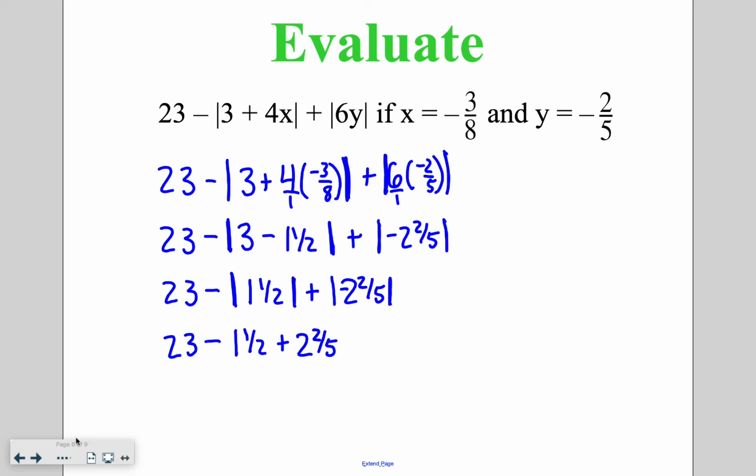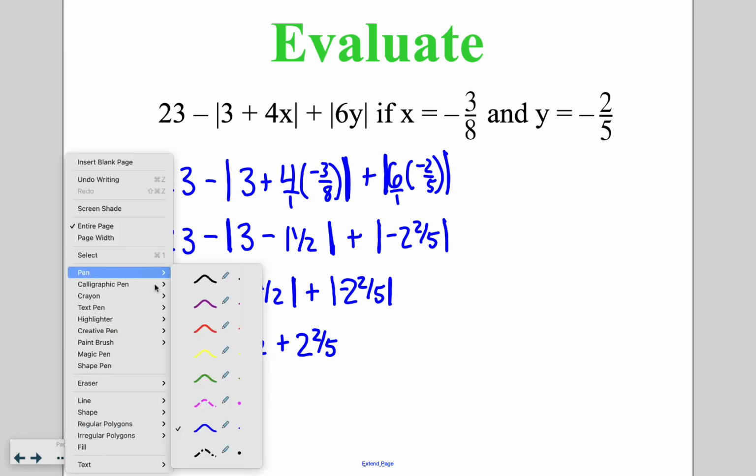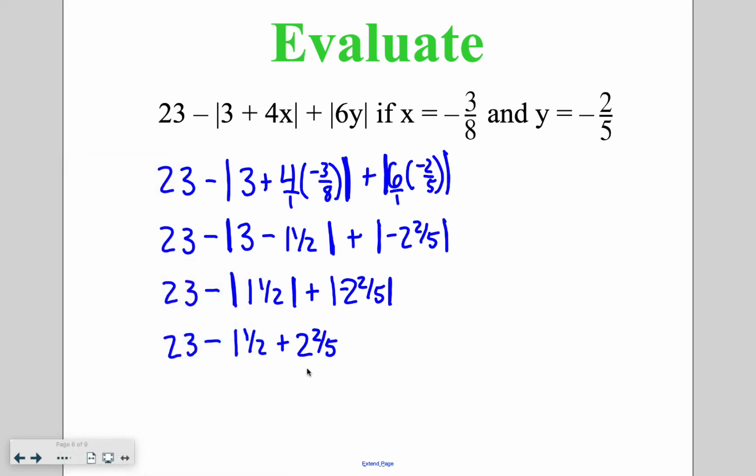Now I have adding and subtracting to do. Because we have fractions here, you're going to want to get those to a common denominator. So I have 23 minus 1 5/10 plus 2 4/10. Then you could break it down into two separate pieces. First, you can do your whole numbers. 23 minus 1 is 22, plus 2 is 24.